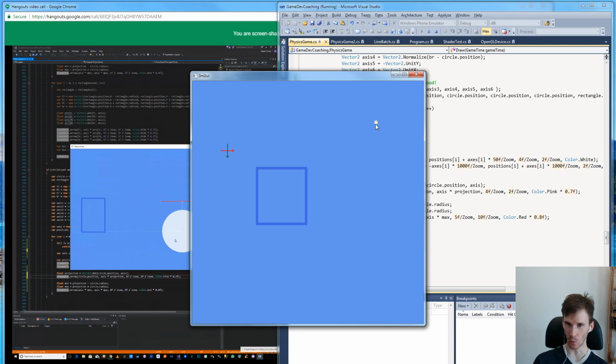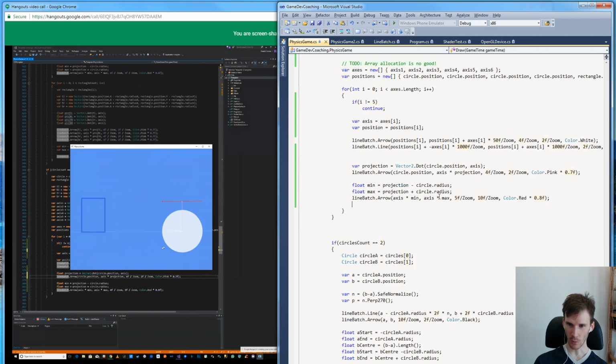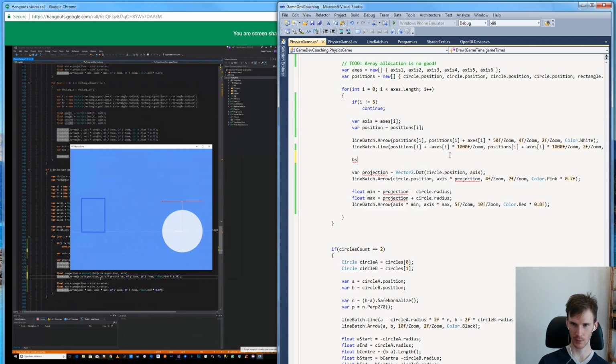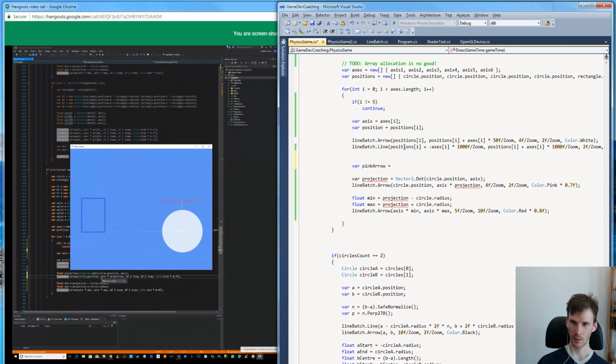So we've actually got all of the points here that we need. Let's look at what the pink arrow is. We call it the pink arrow for now. It's axis times projection minus circle.position, because it's the relative position between this one and that one.